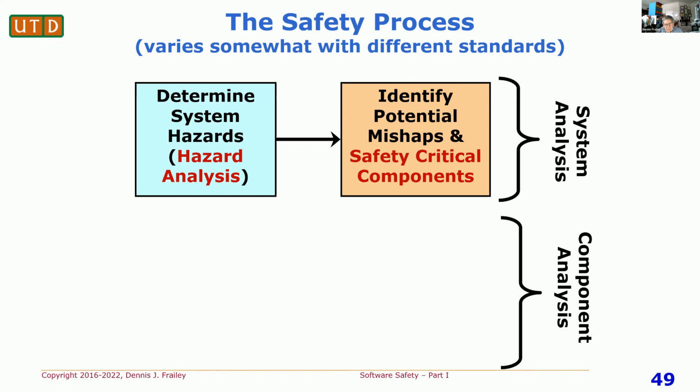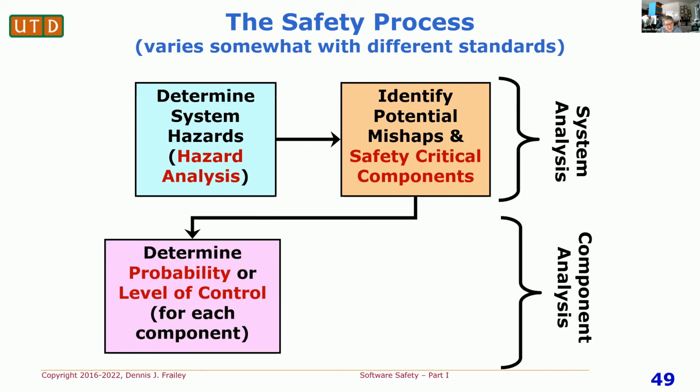The third and fourth steps are associated with looking at the components and figuring out whether or not they are able to do what you want them to do. So the third step is to determine what's called the probability of the component failing.